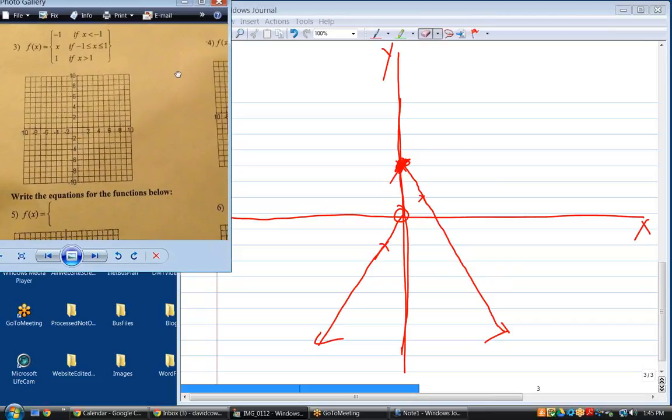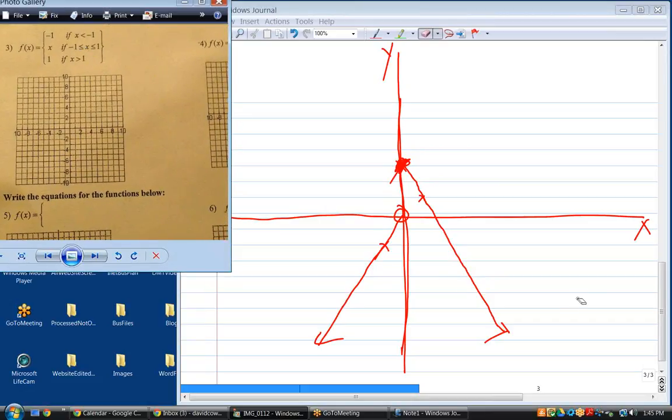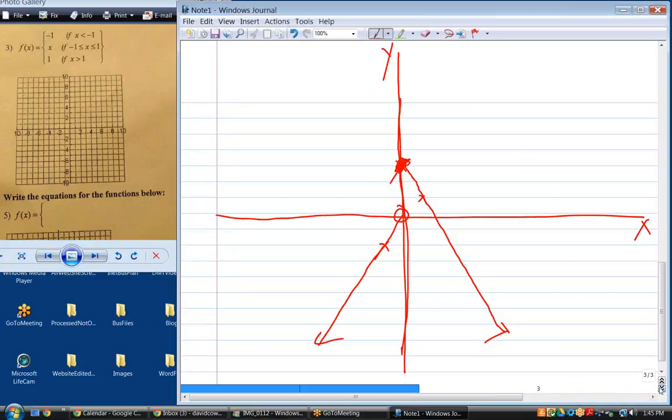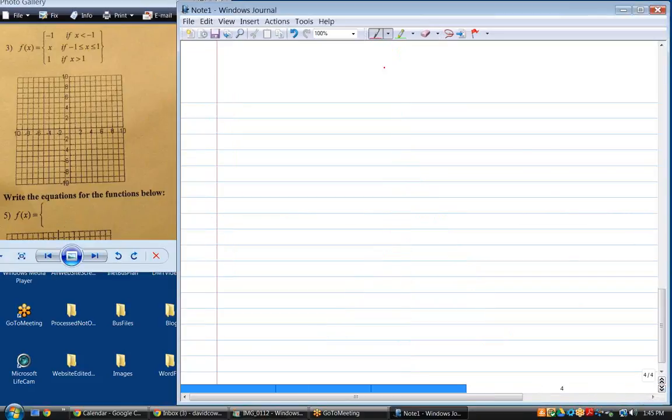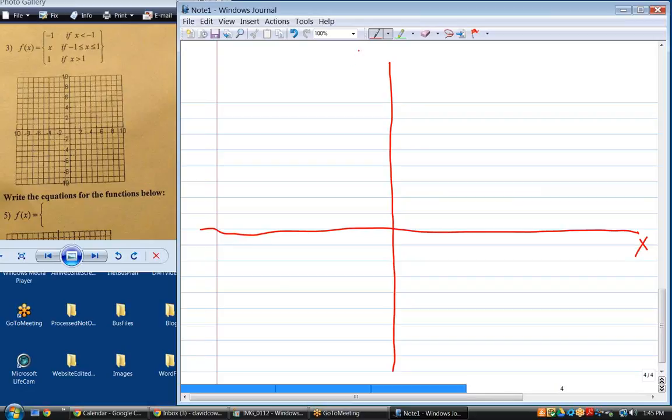All right. This function has 3 domains on it. In other words, there's 3 areas on the x-axis that we have to pay attention to. Where's the first one? Less than -1. In other words, everywhere there.